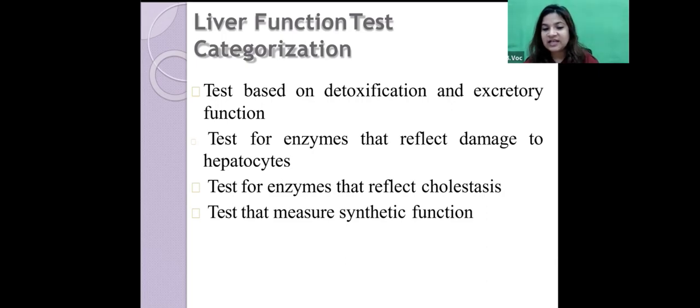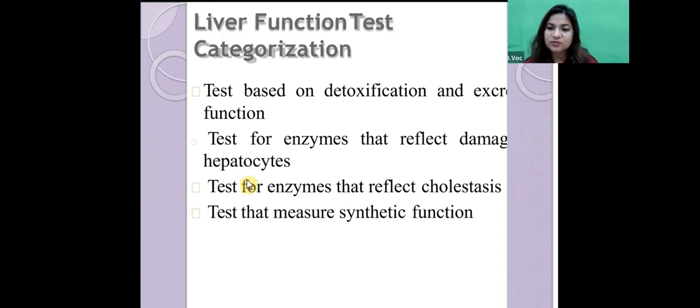Next are the tests which are based on the excretory functions of the body. These are the bromosulfophthalein test, which is also called the BSP in abbreviation, and the second one is the I-131 rose bengal test, which is used to determine the excretion of the rose bengal dye from the Kupffer cells of the liver.